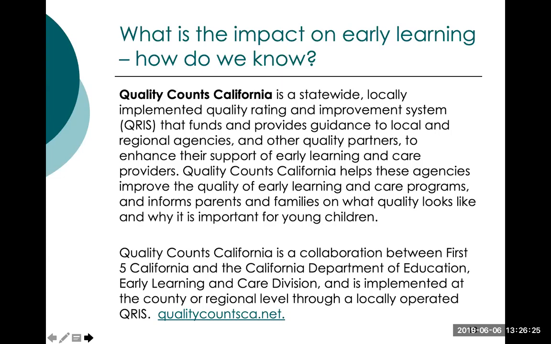They have a statewide program called Quality Counts California. And you can see that it's a collaborative between First Five California and the California Department of Education Early Learning and Care Division, so our own CDE. The goal is to improve the quality of early learning and care programs, including educating parents as to what quality looks like.